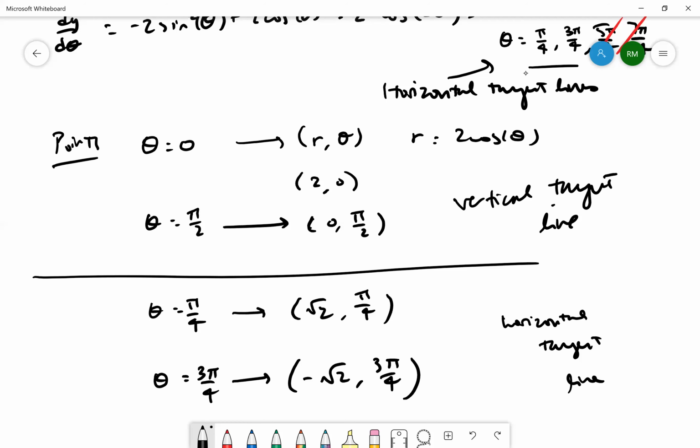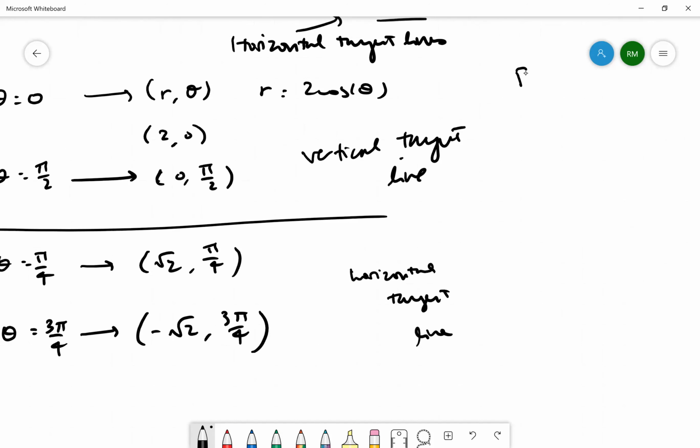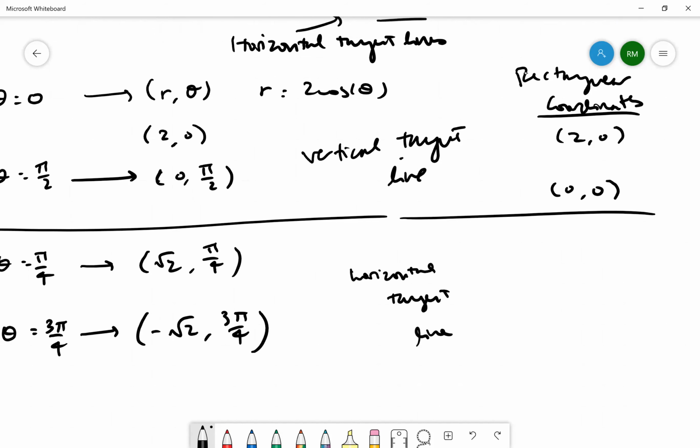Now, if I want to find the rectangular coordinates, that's not so bad. The rectangular coordinates are actually 2, 0 and 0, 0 for the vertical tangent lines, and they are, I think, 1, 1 here. This one's a little trickier. I think it's going to be 1, comma, -1.